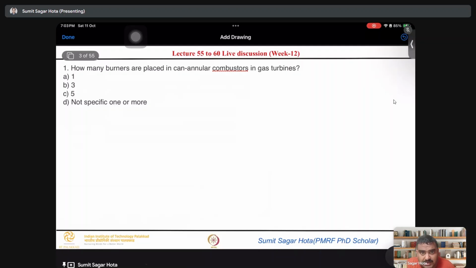So for the can annular burner, it's not specified. It can be one or it can be more. So the answer is D.